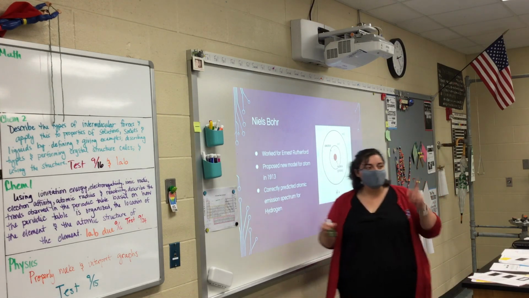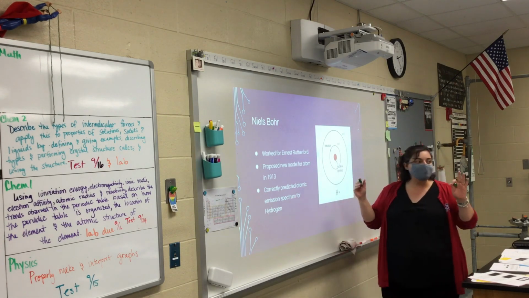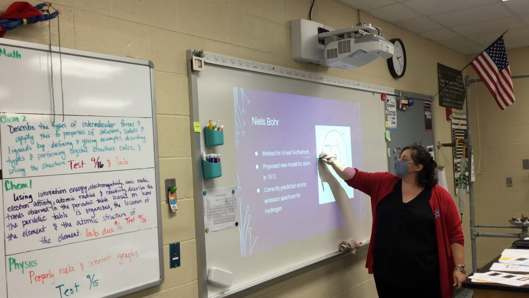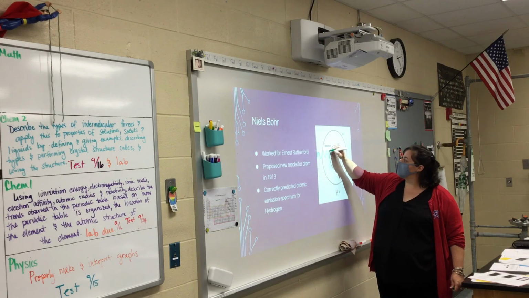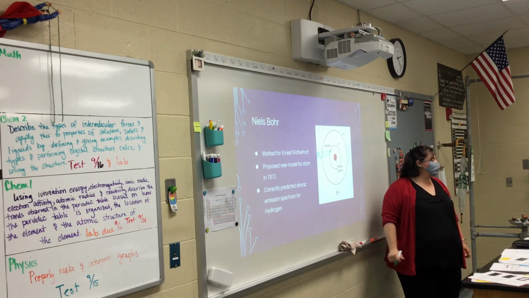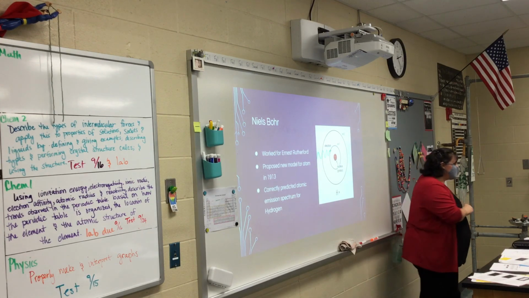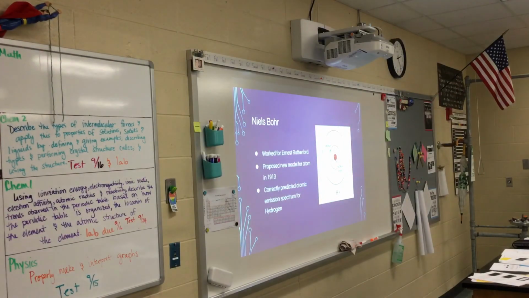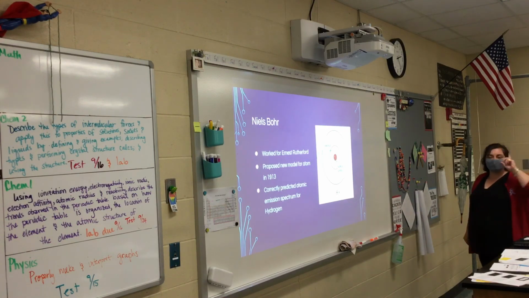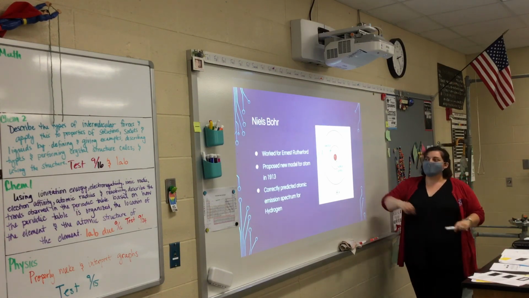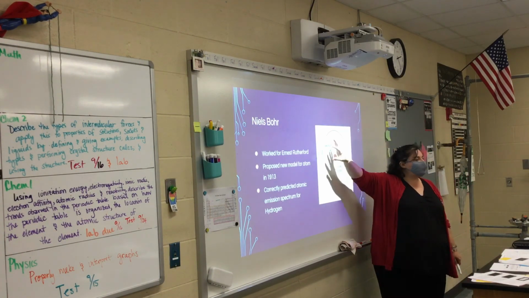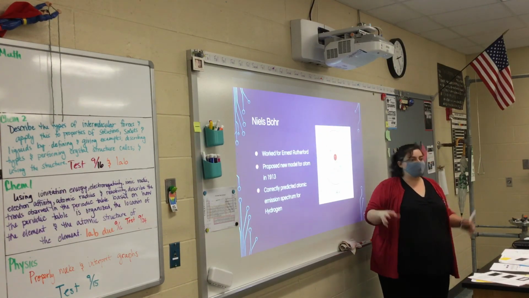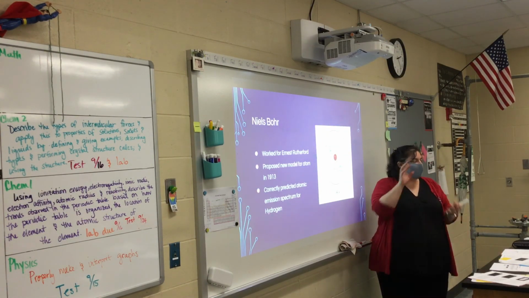Let's say that we have a photon come in here and it's just the right amount of energy. And it hits that electron. So when that photon, which is pure energy, comes in and hits that electron, if it's the right frequency, that electron will absorb that whole photon. It just absorbs it, like gobbles it up.